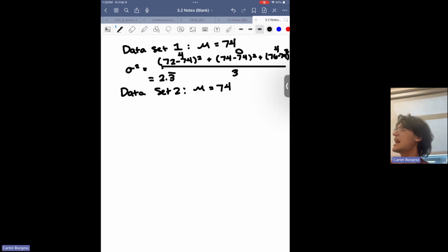But let's continue with set 2, and let's just see if we can make some kind of general notes about what we see. So same process, figuring out our sigma squared.